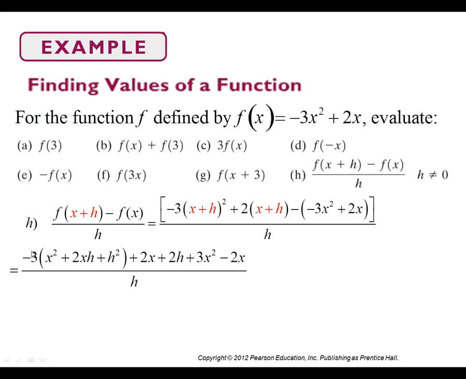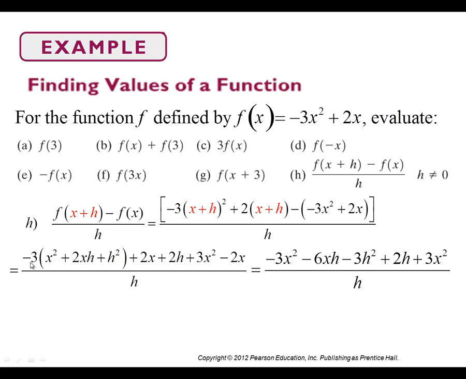Here we're going to distribute the negative 3. So that would be negative 3x squared, and negative 3 times 2xh would be a minus 6xh. Negative 3 times h squared is negative 3h squared.